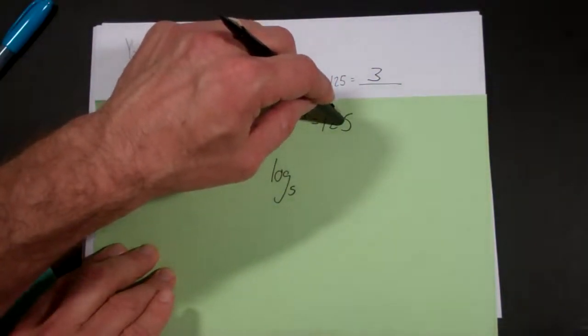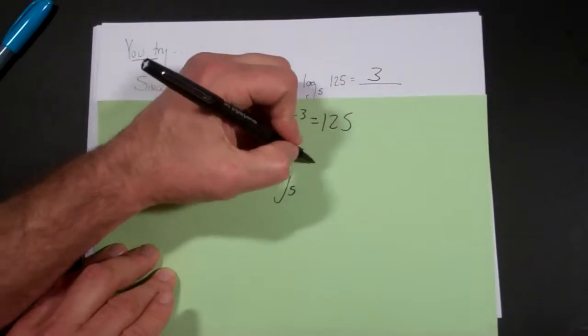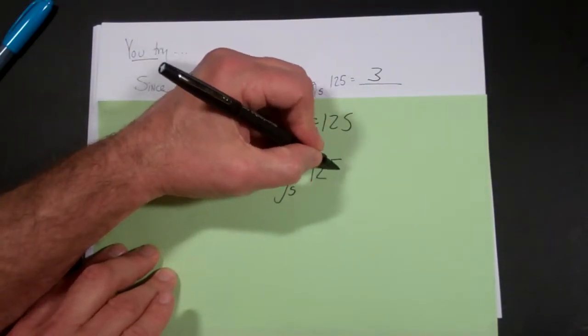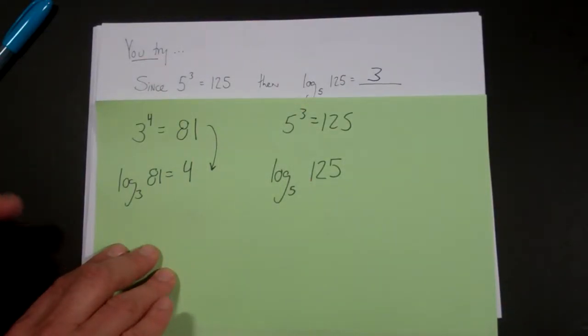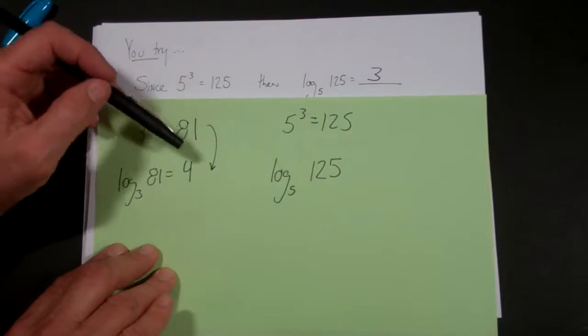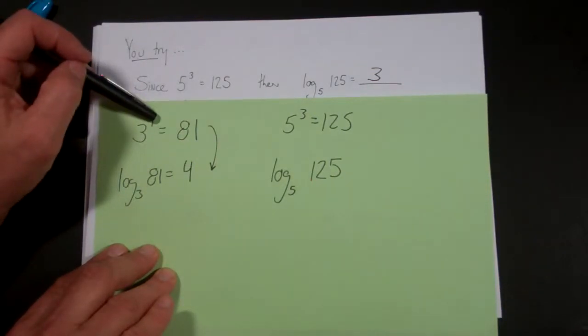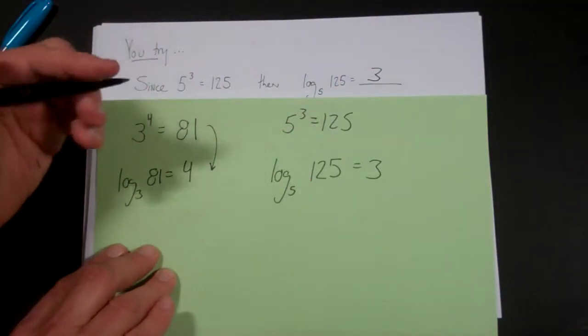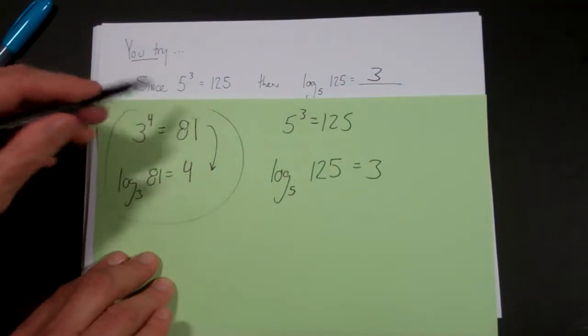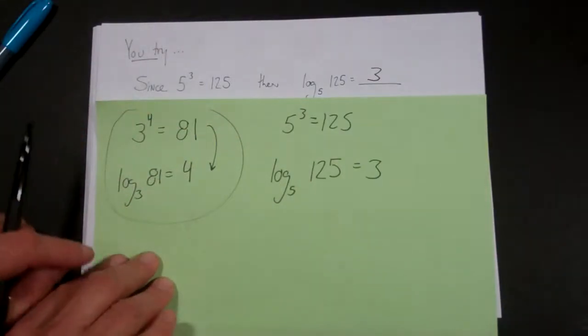So that's going to be the input this time, or the argument. So we have the fifth log of 125. And what's the answer going to be? The power is now going to be in the answer, so it's equal to 3. And that's how you do it. If you memorize this or something like it, you'll always be able to solve these problems.